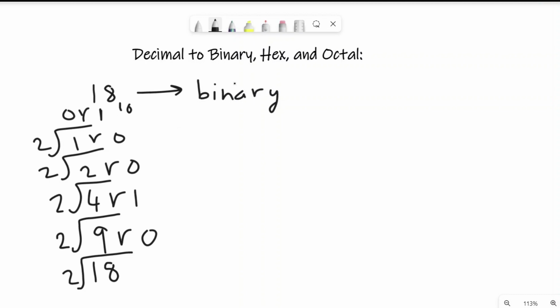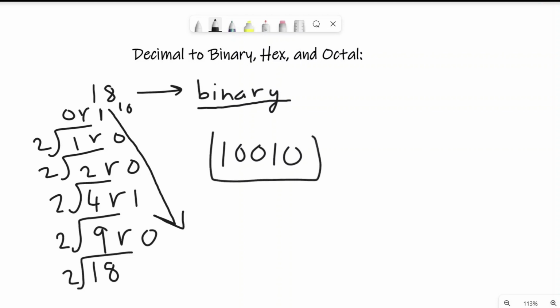So now, to get our final binary number as our solution, we go from the top all the way down to the bottom and put all of our remainders together. So in this case, it is 1, 0, 0, 1, 0, and this would be the binary representation of 18 in decimal.